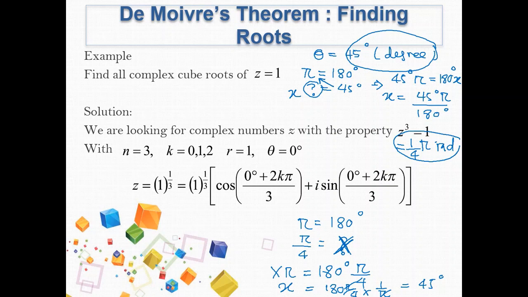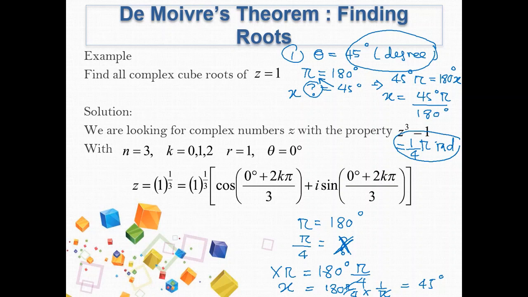Okay, so now you don't have to be confused anymore when we want to use the formula of finding roots for degree, and when we want to apply it for radian. It's up to you. If you find theta in degree, you use the first one. If you find theta in radian, you use the second formula.